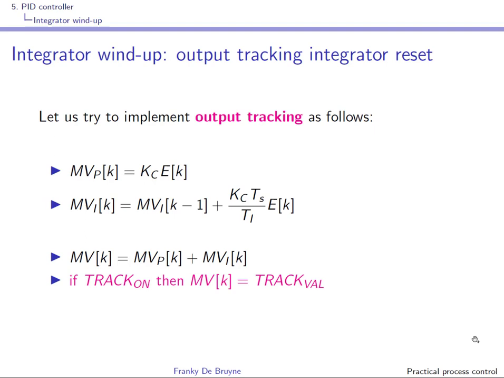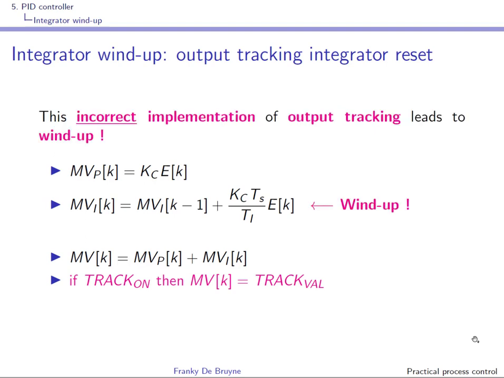The equation implementing output tracking is put just after the PI algorithm, and you can see that indeed if track on, this binary signal, goes to 1, then MV will be equal to the value that you want to track, val.